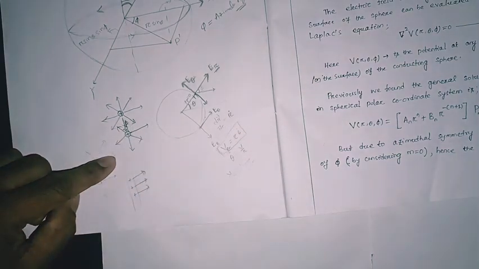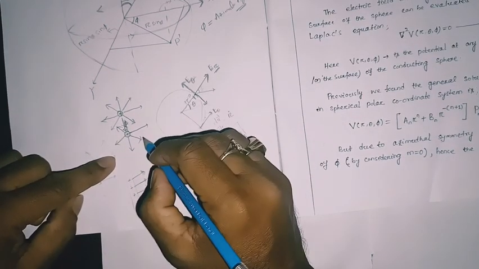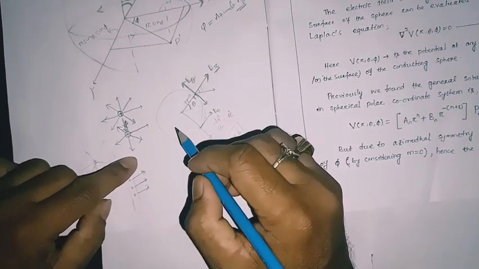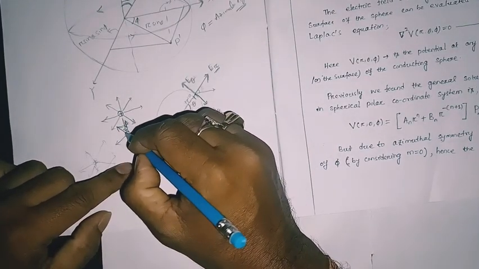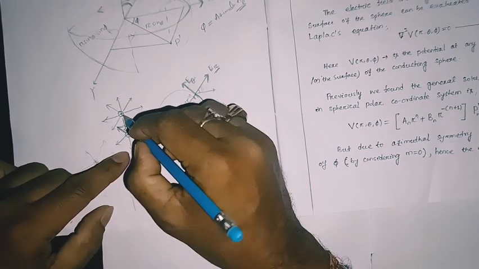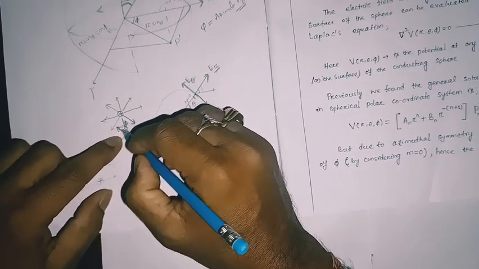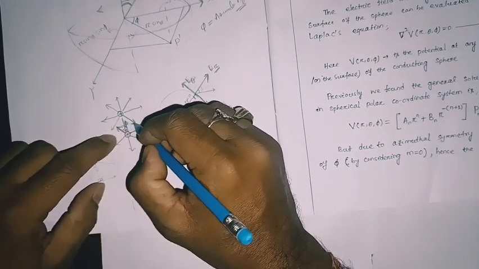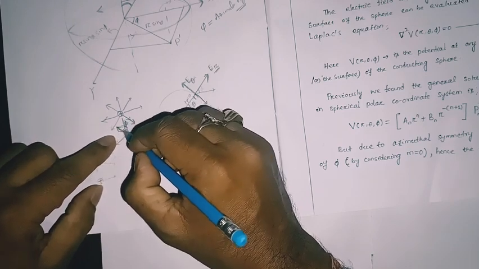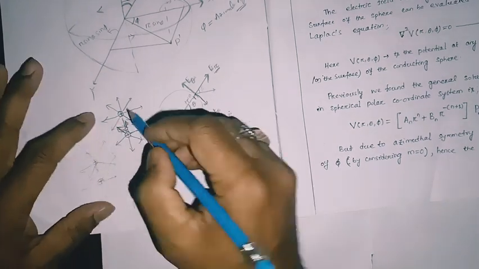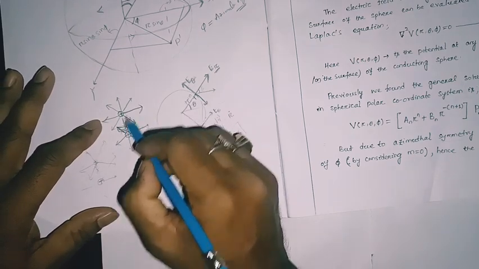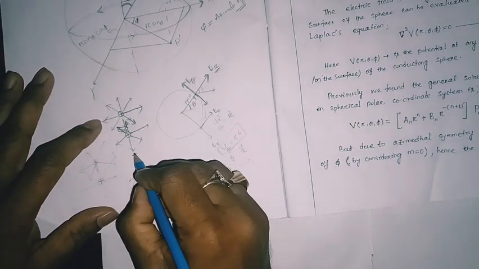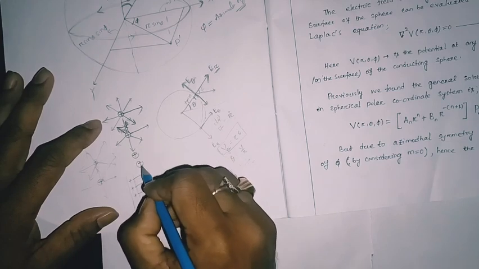And here you can see that this component and this component are both of equal magnitude and opposite direction, so this will also be cancelled out. Likewise, all the components except the radial component will be cancelled out if I consider a series of positive charges.